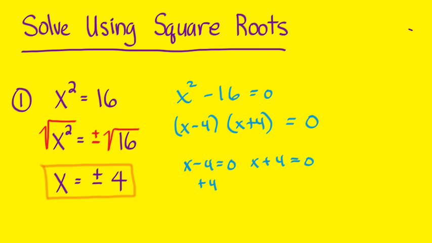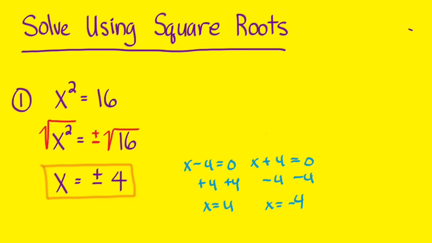And I'd add 4 to both sides, and I'd get x is 4. Subtract 4 from both sides, and I'd get x is -4, right? So same answers, plus or minus 4, right? But a lot less work.